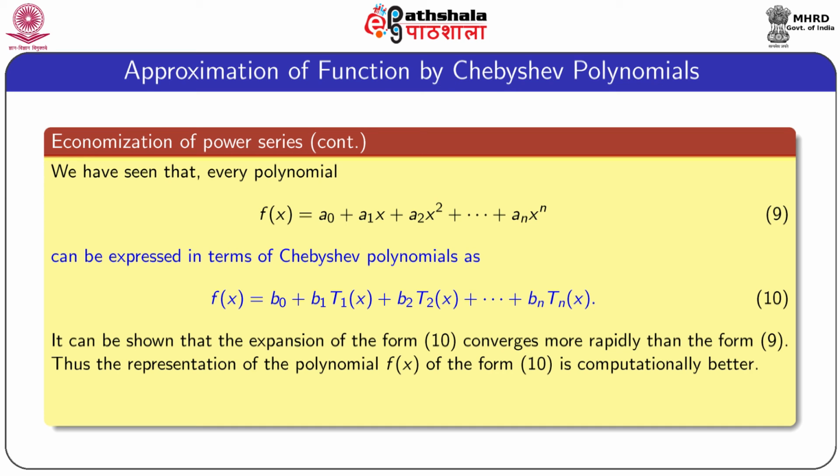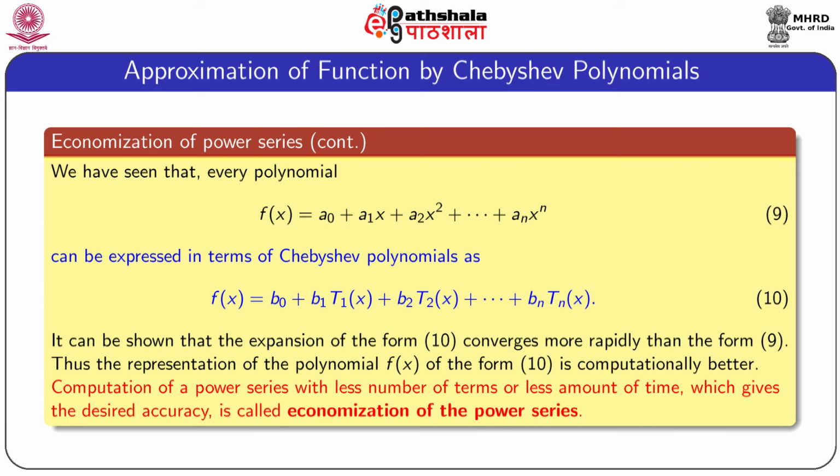Thus, the representation 10 of any function or any polynomial f(x) is computationally better than that of 9. The computation of a power series with fewer terms or less time which gives the desired accuracy is called the economization of the power series.